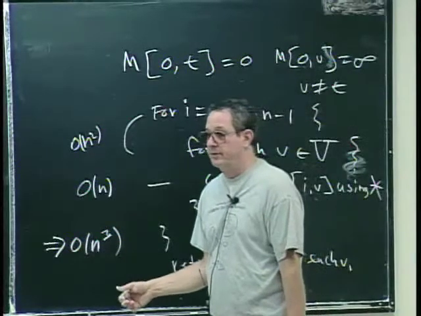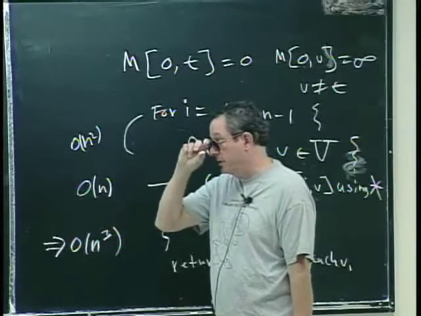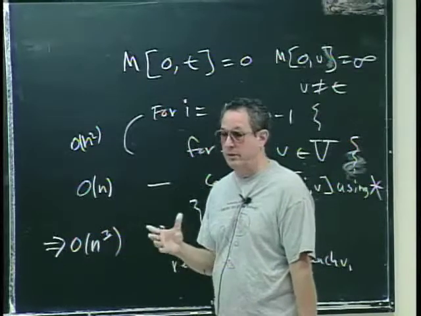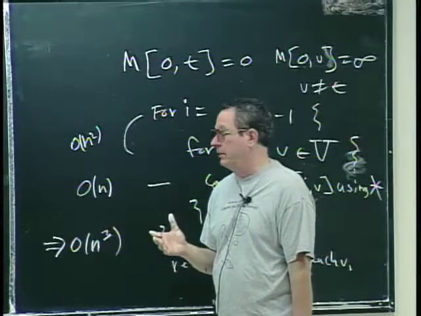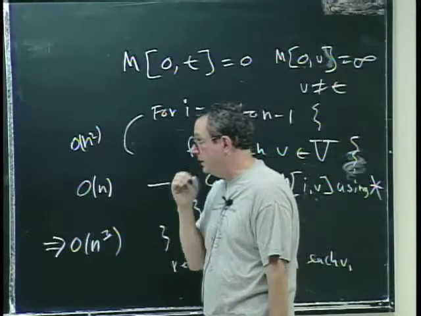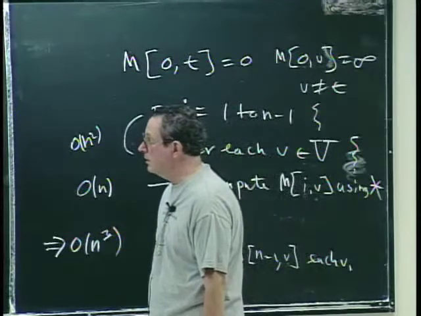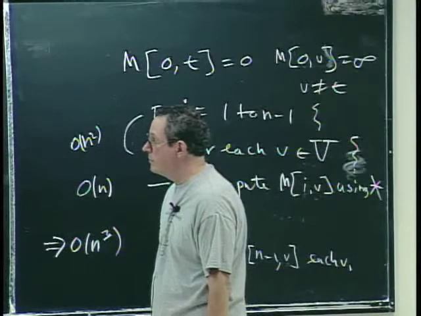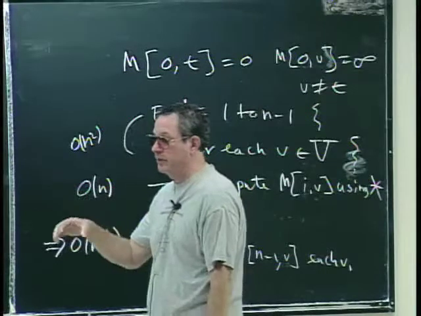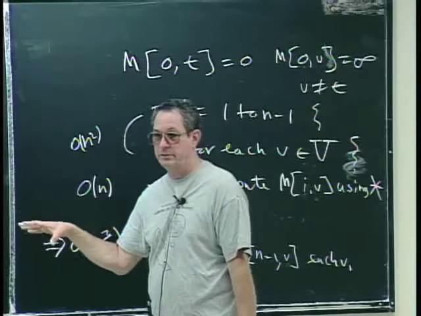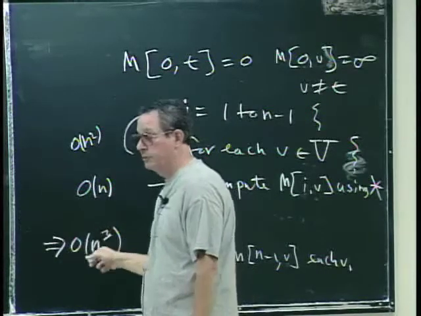Now Dijkstra's algorithm, I think the first analysis of Dijkstra's algorithm was n squared, right? Well, Dijkstra's algorithm has one origin, and we're actually computing its distance to everybody else. So this looks like it's more expensive.